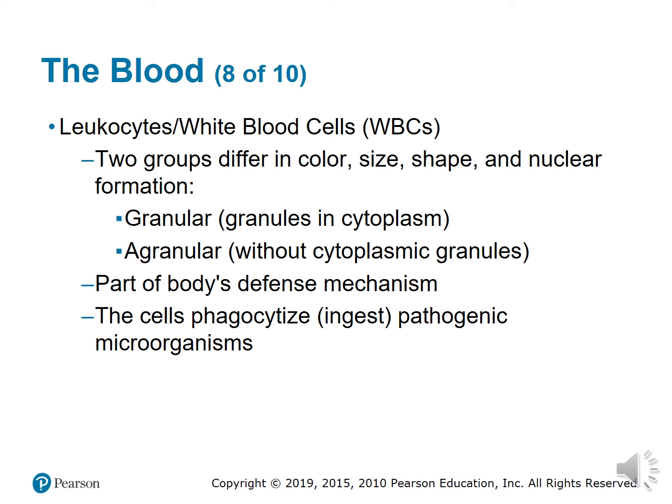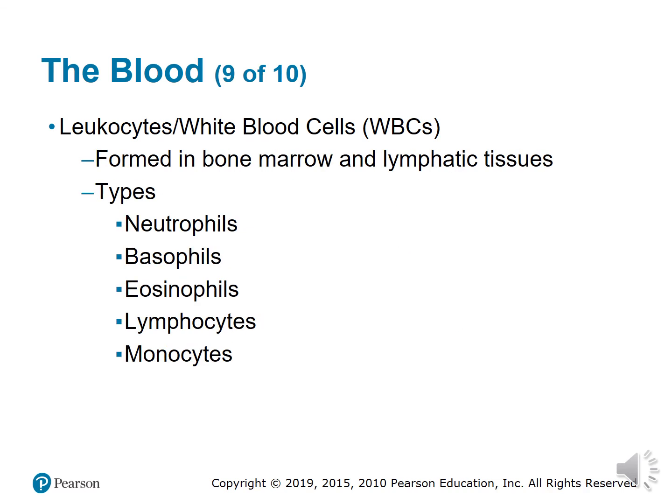All right, so your leukocytes or WBCs, two groups, differ in color, size, shape, and nuclear formation. Granular or agranular, they are part of the body's defense mechanism. The cells phagocytize pathogenic organisms. They are formed in the bone marrow and lymphoid tissue.